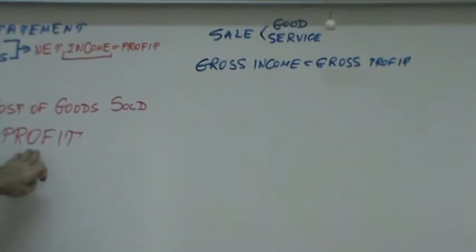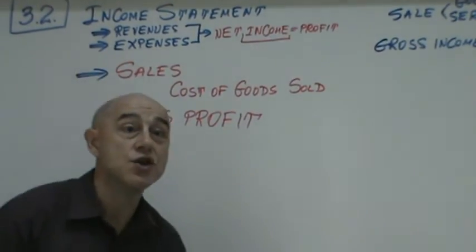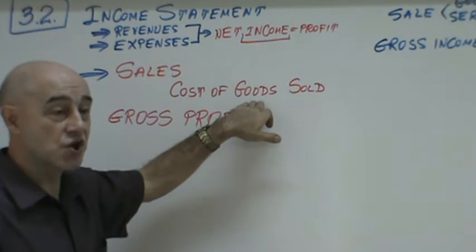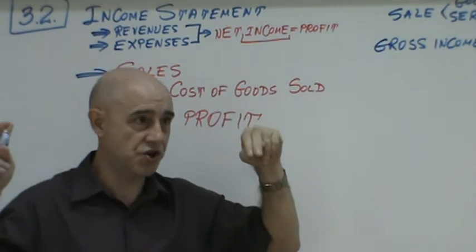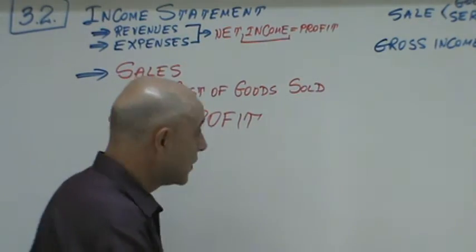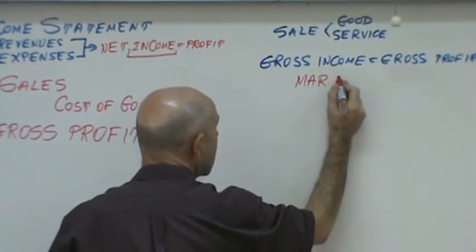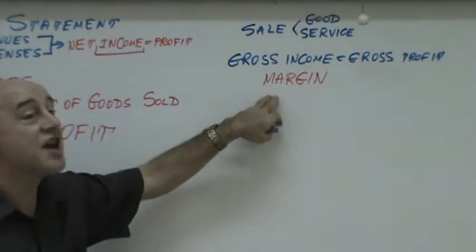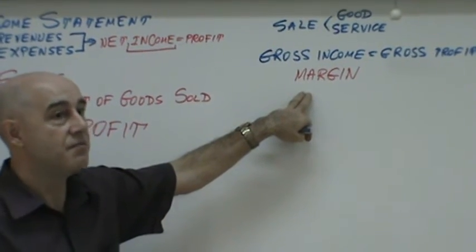So, gross profit is the difference between your revenue and the cost of goods sold. Okay? Sometimes they call it gross margin, but the word margin is associated with percentages on a per dollar basis.